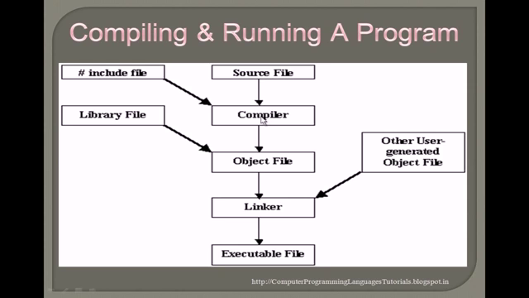Whenever you compile the program, the compiler must check header files or library files. At this stage, the compiler will also check your syntax, commas, semicolons, or some typing mistakes. If you don't have any error in the program, then the object file is created.